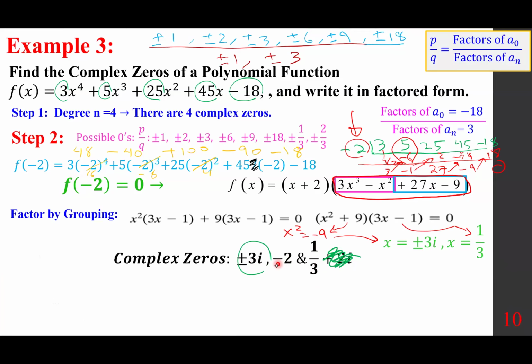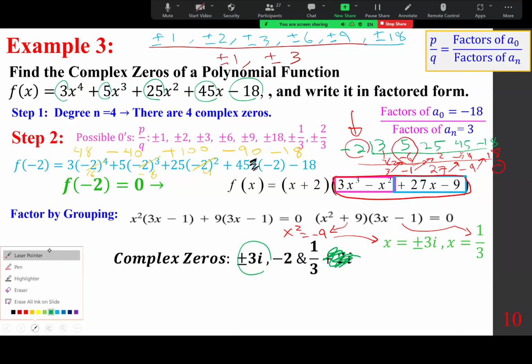So if we want to write this as a factored form, we're going to write this is equal to, we can factor the 3 out.